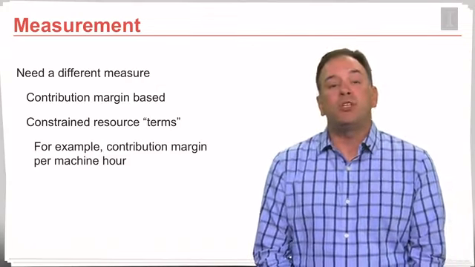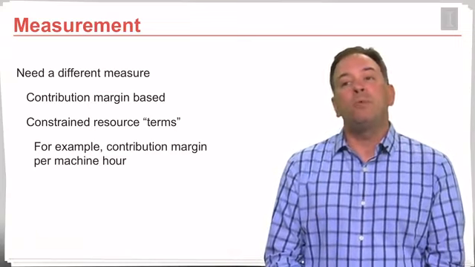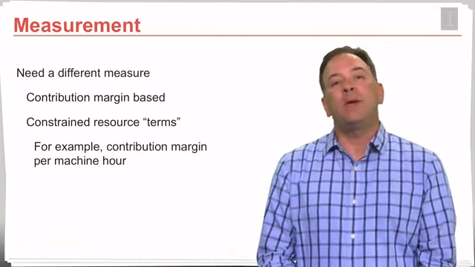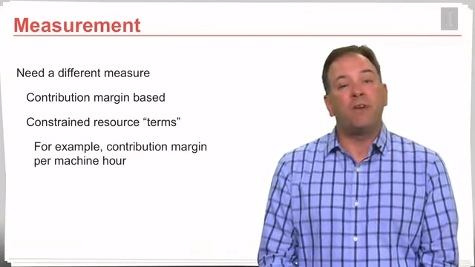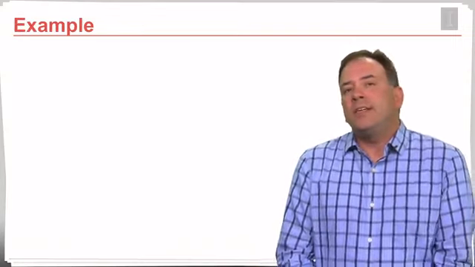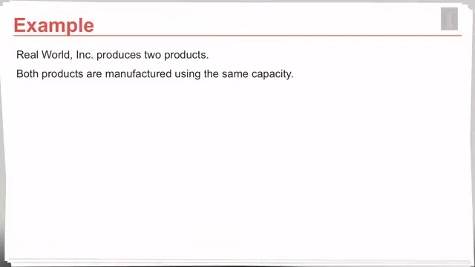So suppose that machine time is our most constrained resource. We would want to know what our contribution margin per machine hour is so that we can make the best decision to maximize profitability given our constraint. So let's continue with our example. Real World produces two products. Both products are manufactured using the same capacity.